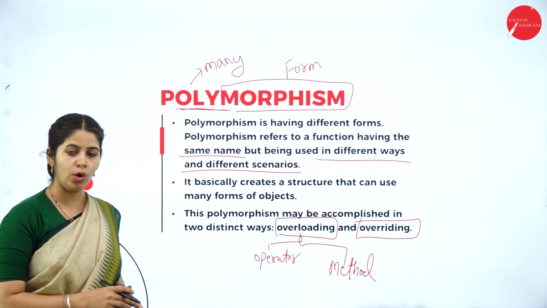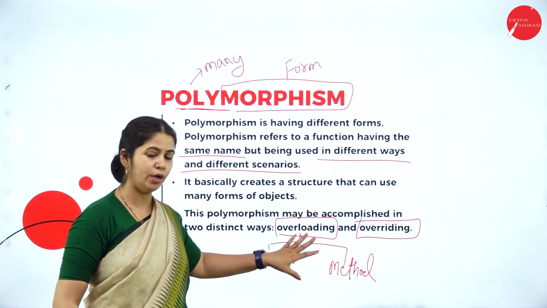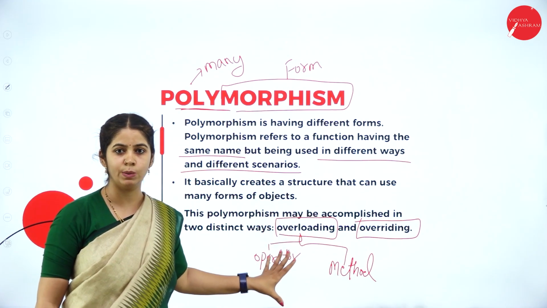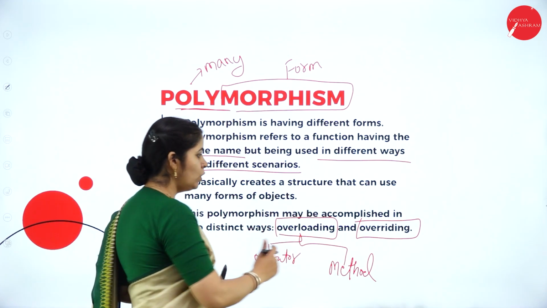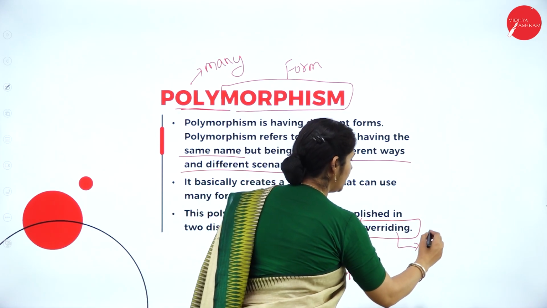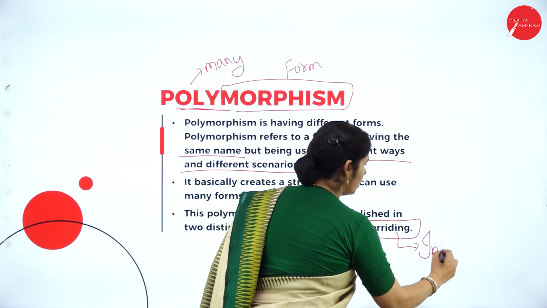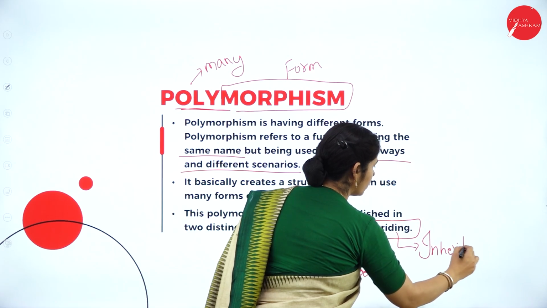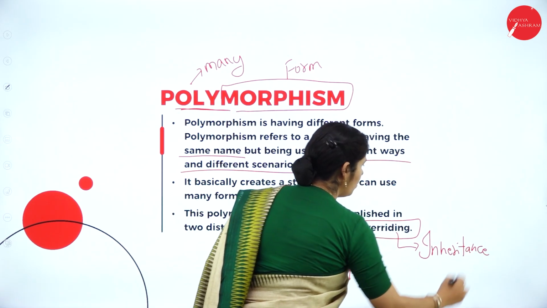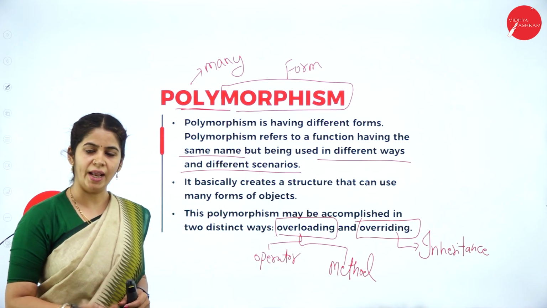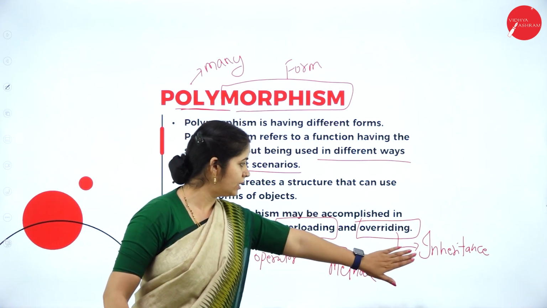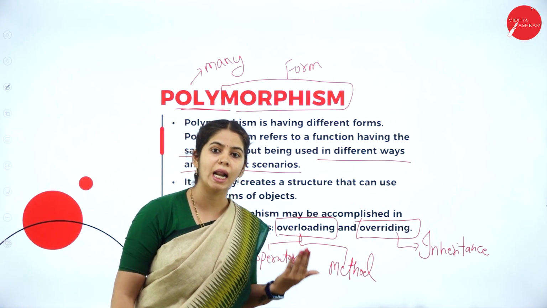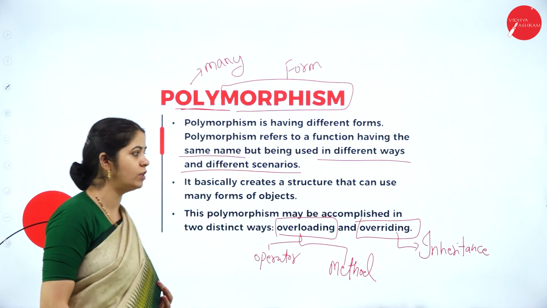We use operator overloading or method overloading with respect to classes and objects. We use overriding with respect to inheritance. Whenever we have a parent class and a child class, any type of inheritance, at that time we go for overriding to achieve polymorphism.